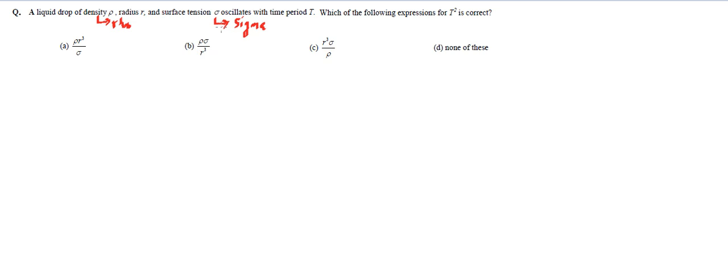So rho and sigma. Anyway, this is the relationship it talks about. Further it reads, which of the following expressions for t square is correct? So we need to find in what manner t square will depend on these quantities. There are four options, A, B, C and D. We need to find which option is correct.